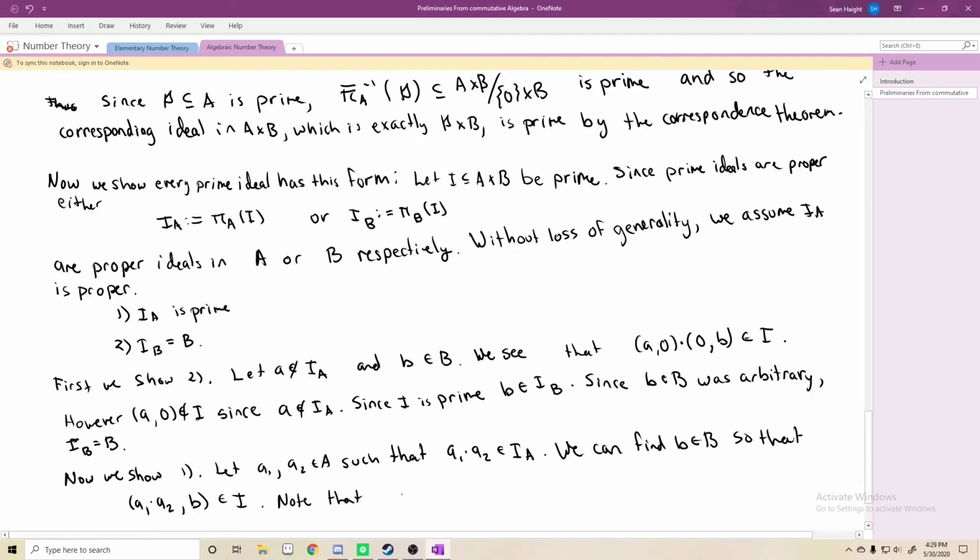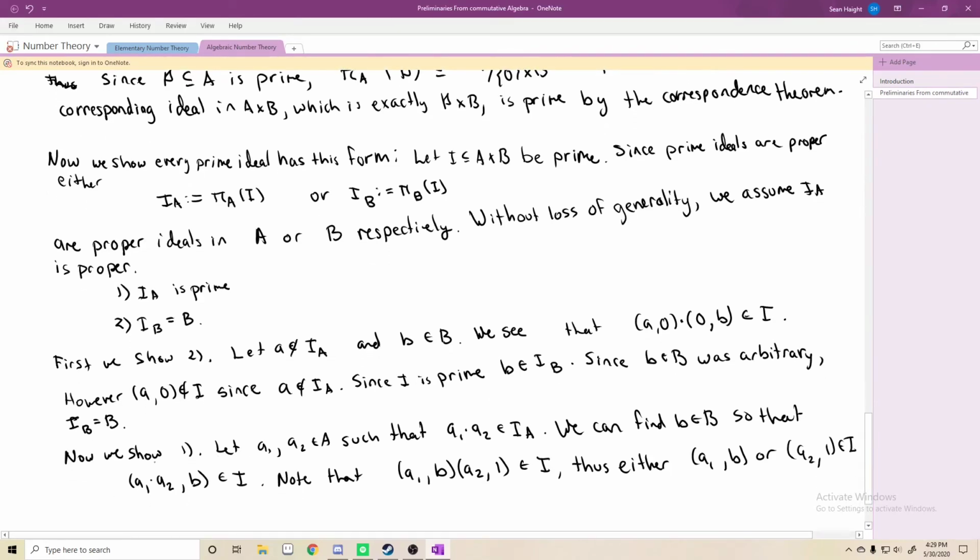Note that A1, B times A2, 1. Okay, so I can just factor this as A1B times A2 1 is in this prime ideal I. Thus either A1B or A2 1 is in I. And then either A1 is in I sub A or A2 is in I sub A. This is exactly the definition of what it means to be a prime ideal.